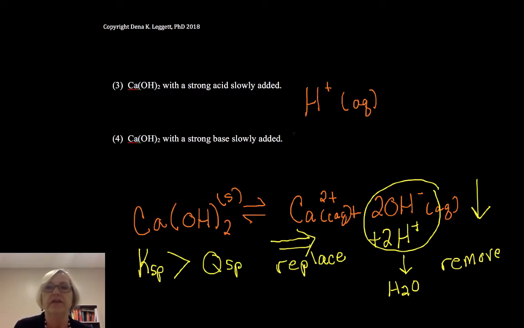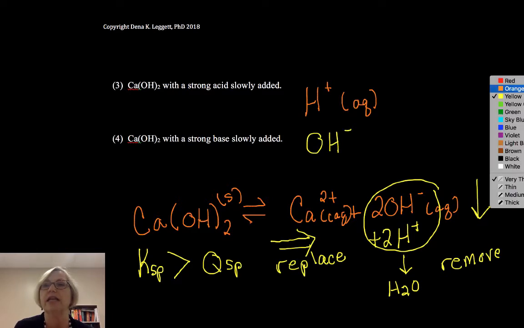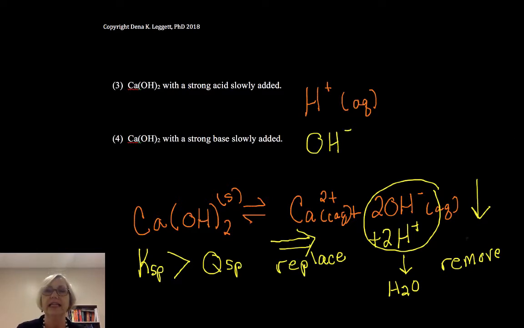All right, if instead we added a strong base, we're adding hydroxide ion. Hydroxide is part of the equilibrium. So if I increase my hydroxide concentration, I now have a QSP that is greater than my KSP.